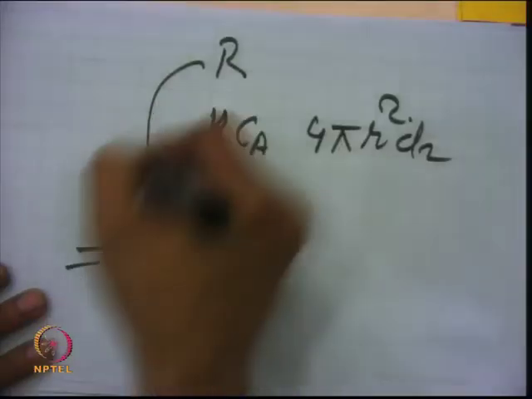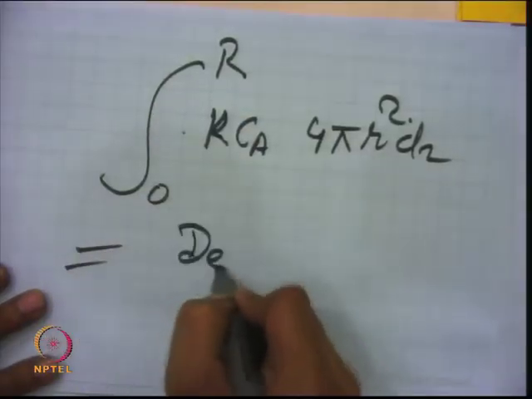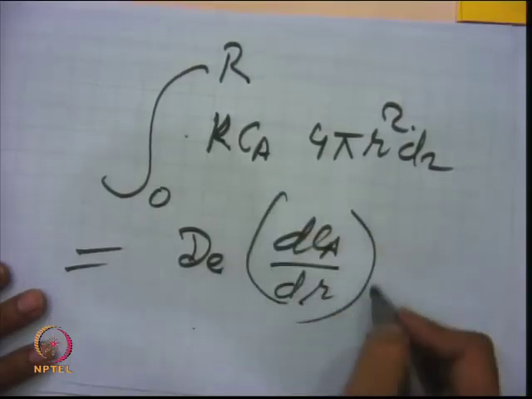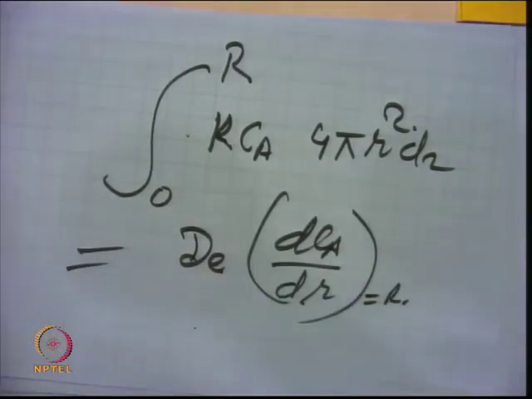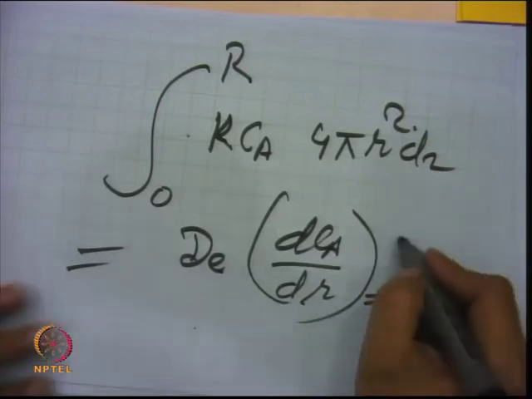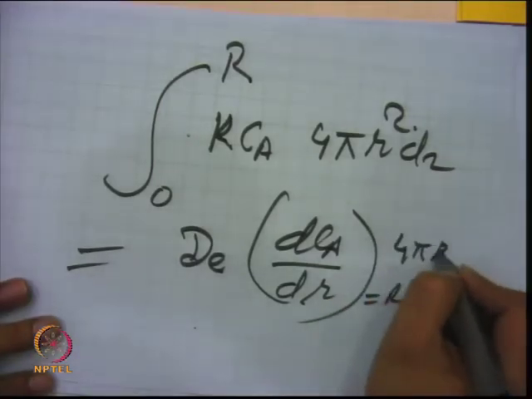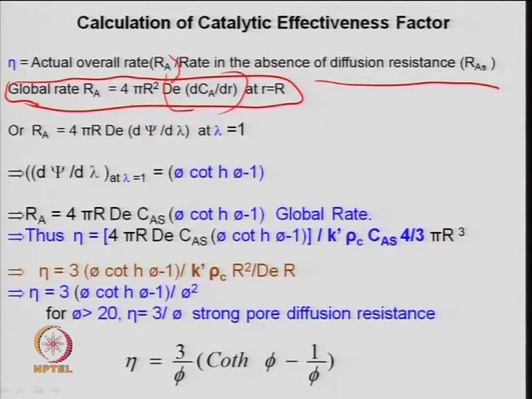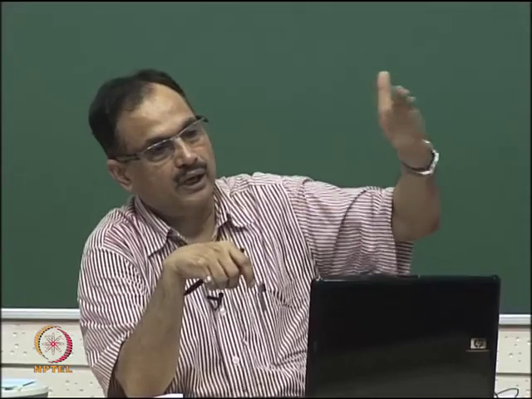So again I can write this global rate as D effective times dCA by dR, evaluated at R equal to capital R, at the surface of the pellet, or lambda equal to 1, and multiply by 4 pi R square. And this is what is shown here: 4 pi R square, because it is flux, times dCA by dR, and because it is going inward, concentration is decreasing from capital R to the center.